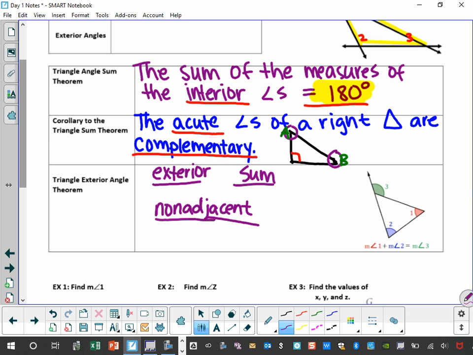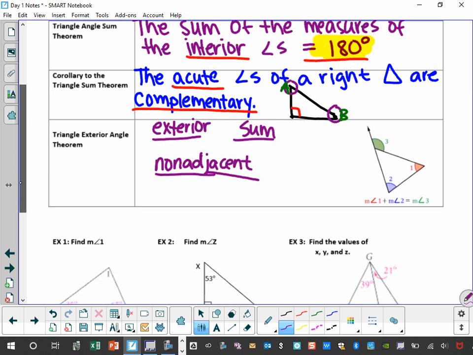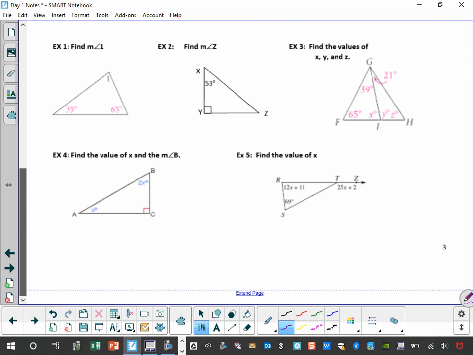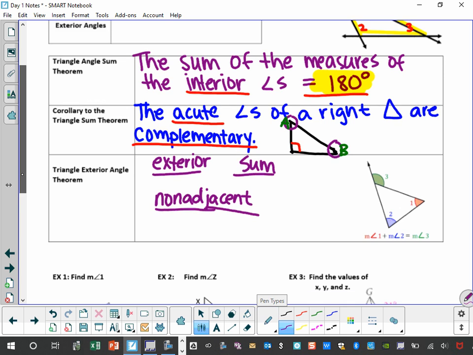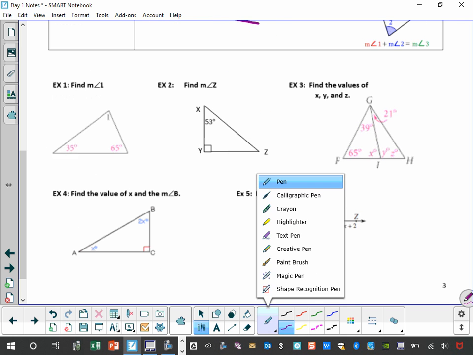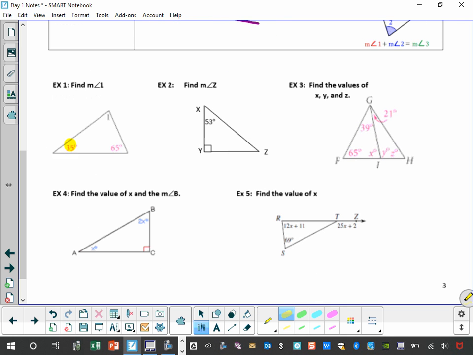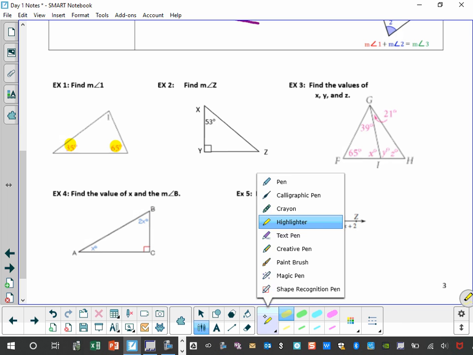All right, let's try to get through these examples when you do your practice. How many degrees are inside of a triangle? 180. I just told you, you have to know that. That is the one thing you have to know. So if they gave me the measure of two angles, how can I find my third angle?